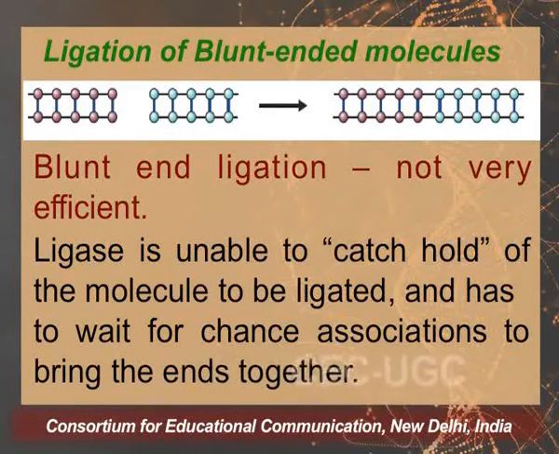This is circumvented by using a higher concentration of the insert molecules as well as a higher concentration of DNA molecules. But that is why the ligase is unable to catch hold of the molecules to be ligated and has to wait for chance associations to bring the ends together. So blunt ended molecules are a little difficult, but sometimes we can't help it.